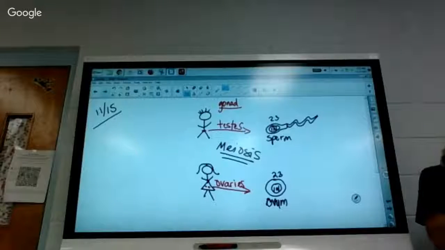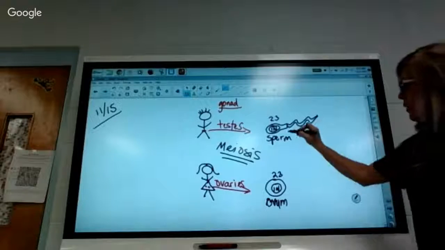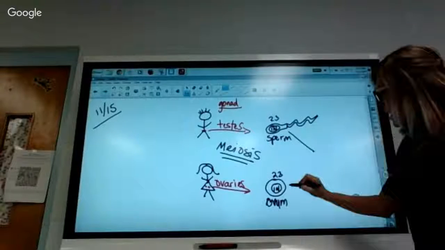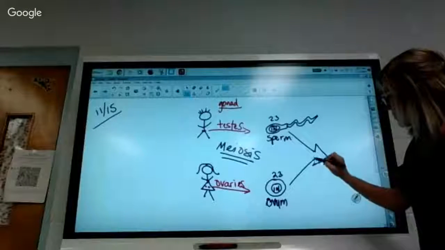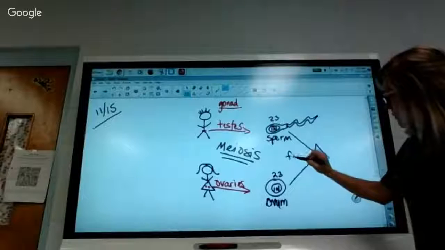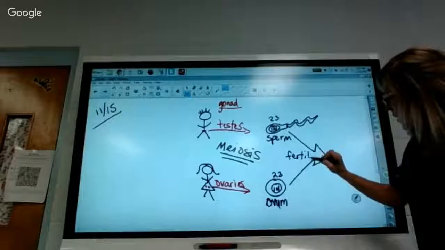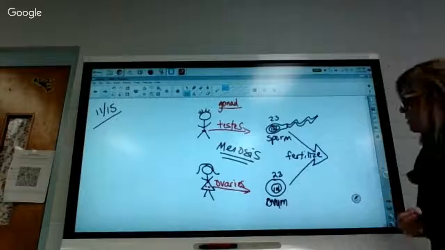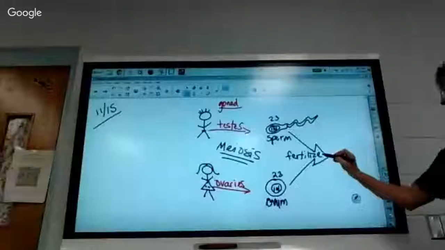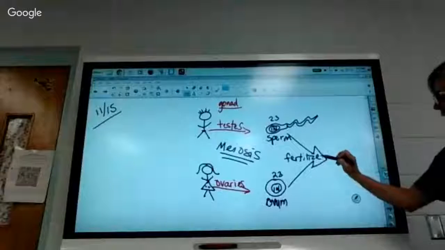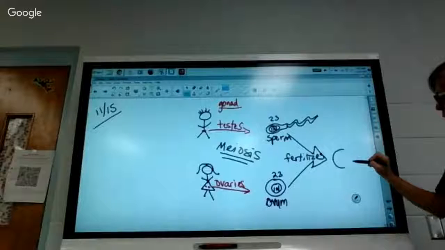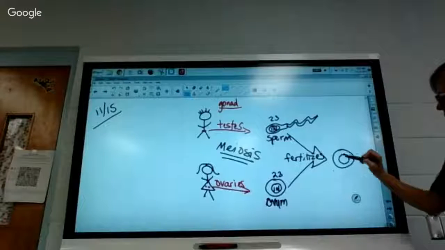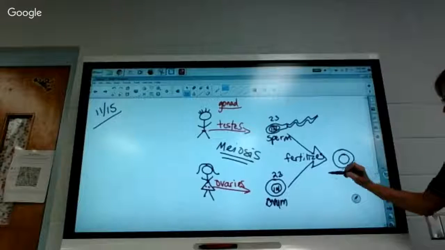So anyway, when this sperm comes together with this egg, that's fertilization. Okay, so when that sperm fertilizes the egg, do you remember what we call this thing? Yeah, we're going to have a little zygote.